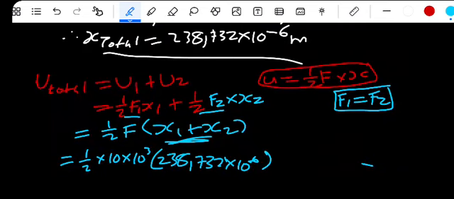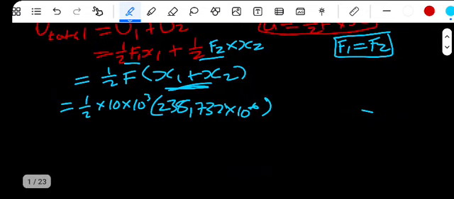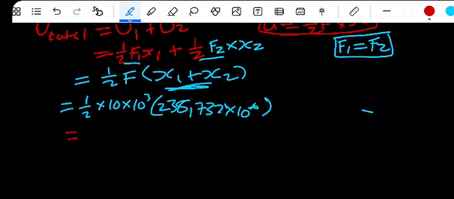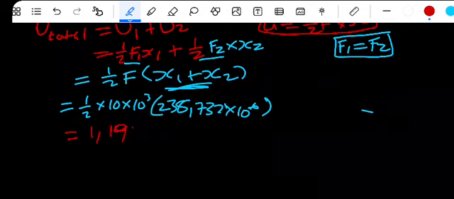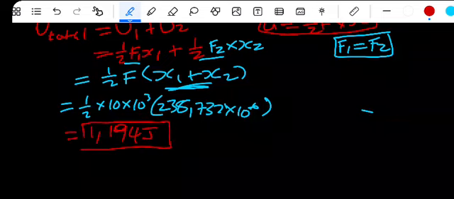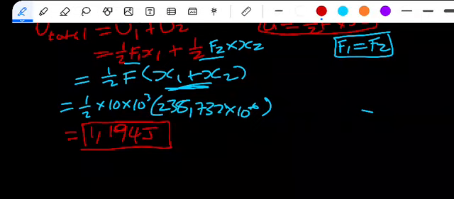So this will simply equal 1.194 joules. Obviously, strain energy is measured in joules. That is our total strain.